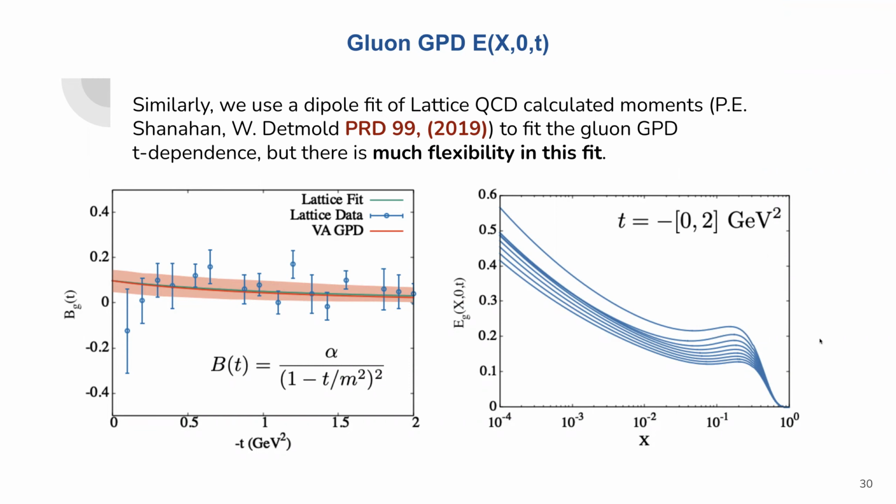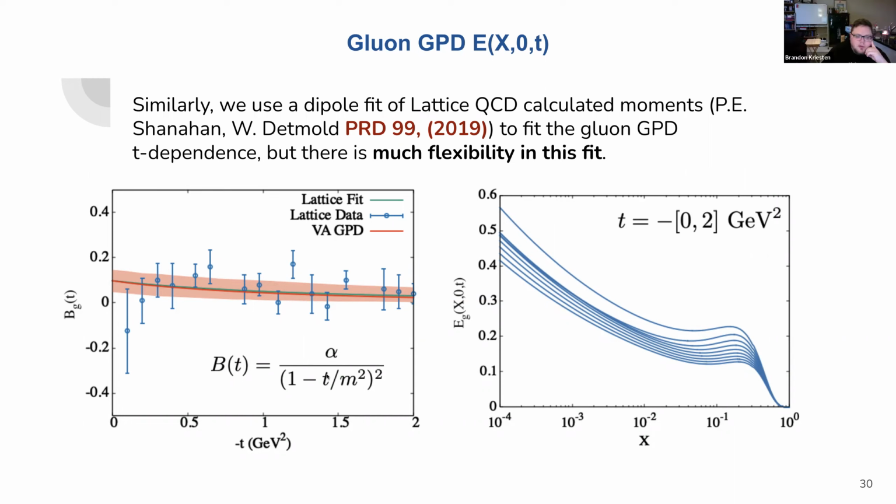Then, could I ask you what is the dipole like for the gluon GPD? What the dipole is between what and what? Oh, so we just assume this sort of dipole form, this functional form, that it's fitted to.